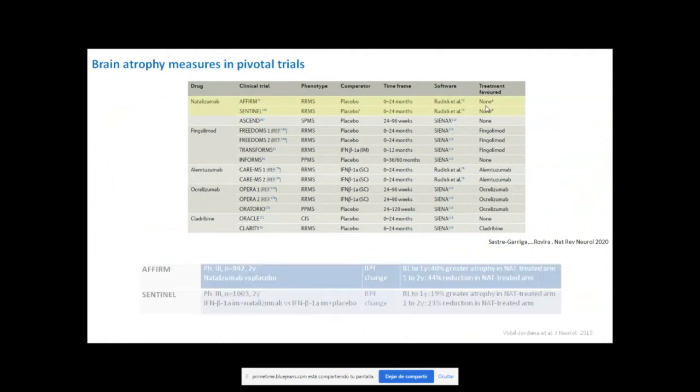However, if we analyze this data in more detail, we can see that if we ignore the changes that occur within the first year, which show a greater atrophy in patients treated with natalizumab, and we only assess the changes that occur after the first year, there is a significant reduction in brain volume loss in patients treated with natalizumab. This has been shown in both trials.